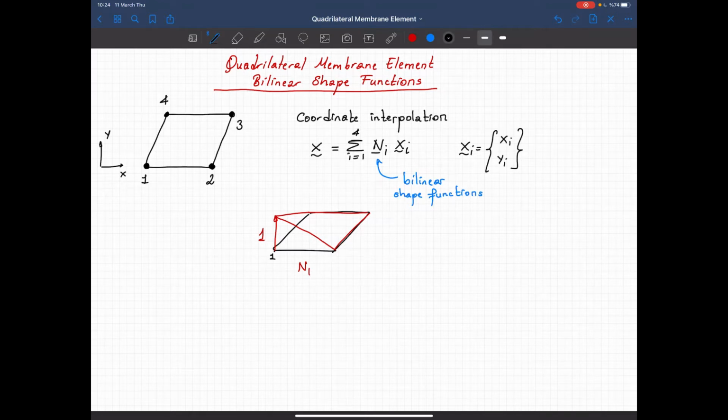This is the first node, second node, third node, and the fourth node. So N2, of course you can always switch the order of these functions, it doesn't matter. This is equal to 1, and the variation between the nodes or within the element is always linear. So it goes this way.